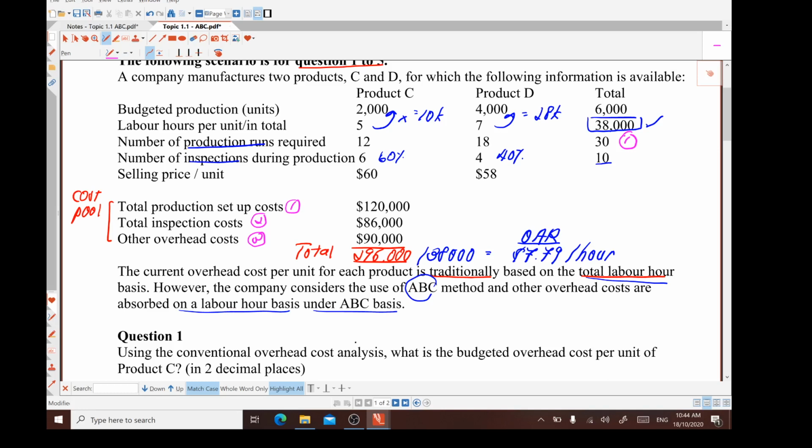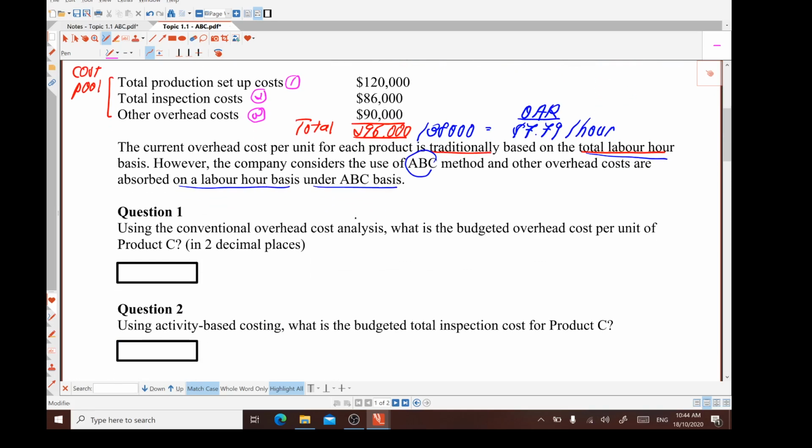Number two, the inspection cost obviously will be using these, the total number of inspections. Okay, and number three, under ABC, if it's other overhead costs, we will be using the labor hours. So here you go, that's the 38,000 hours for information. So this is all right.